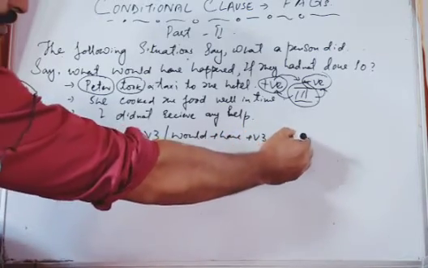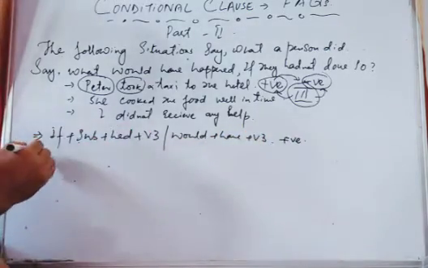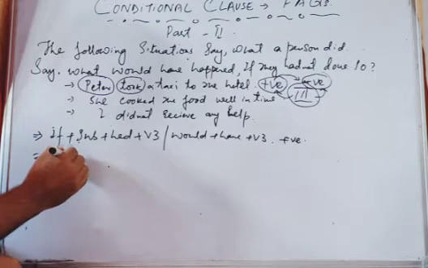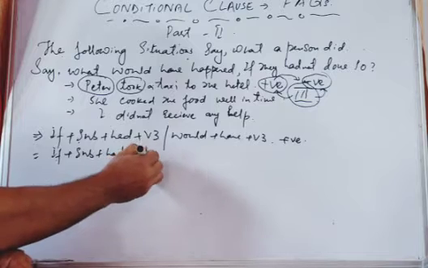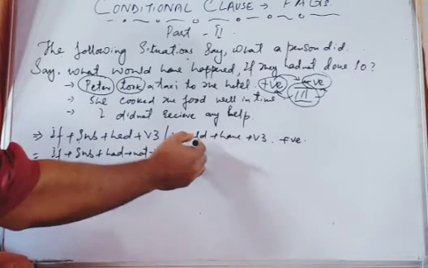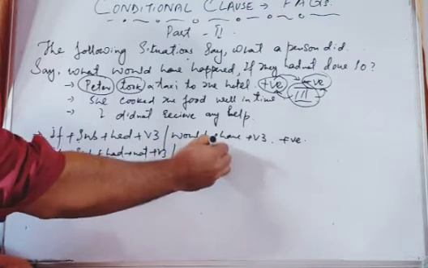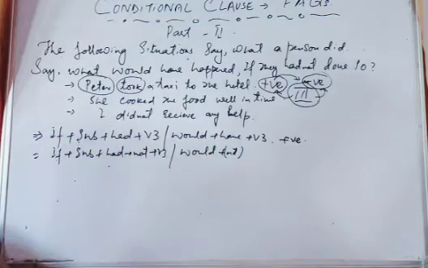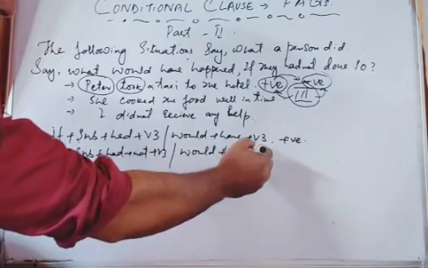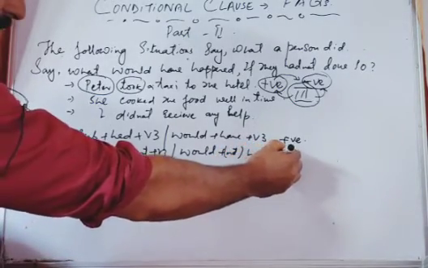This is the positive condition, and in the negative condition we say it is if plus subject plus had plus not plus v3, and likewise would plus not. Not is conditional here. If it is necessary we write it, if it is not you can skip, plus have plus v3.